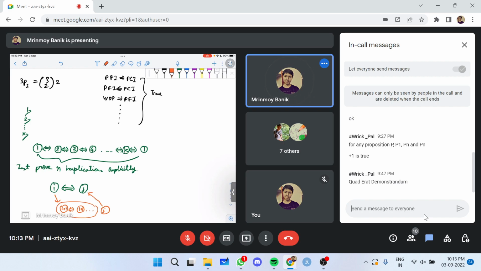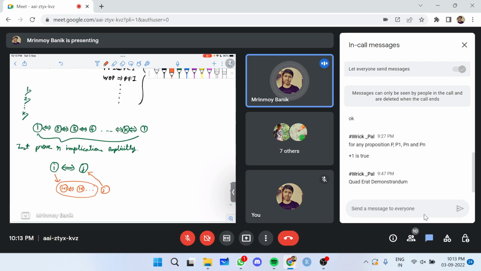You can add those j minus i minus 1 proofs. That should be enough to show i and j are equivalent.